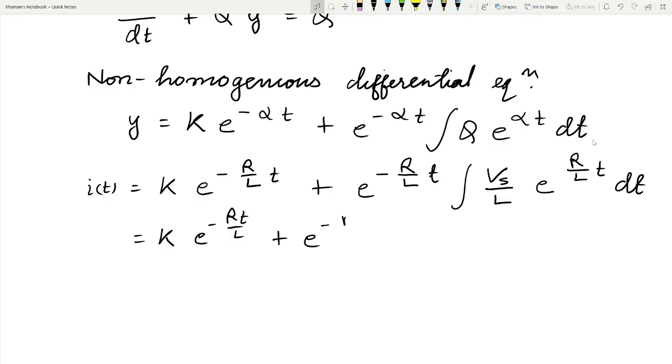Vs by L is a constant, so integrating it we get L by R e to the power R by L t.